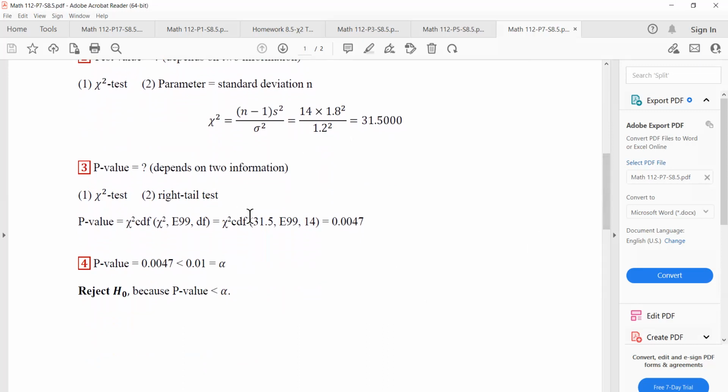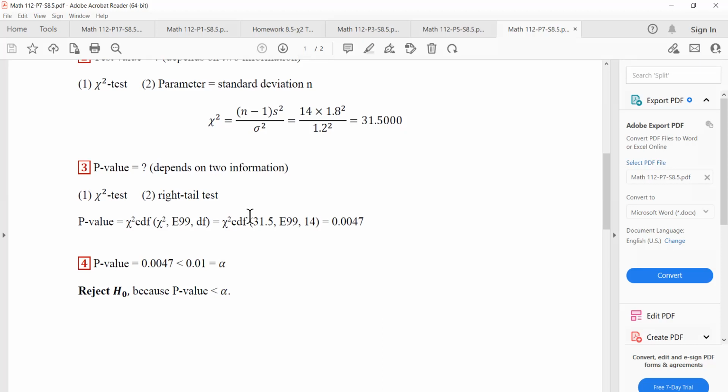Then you're going to go E99 and you're going to have degrees of freedom is 14. Okay, you don't have to double this because it's not a two-tail. So you don't double it, you just plug it in and let the number crunch work for you. Okay. 0.0047. Perfect. Good.